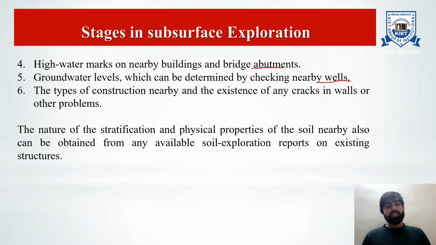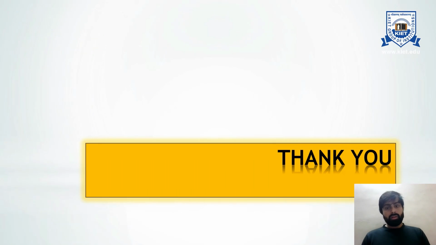The nature of the stratification and physical properties of the soil nearby also can be obtained from any available soil exploration report on existing structures. These are the several pieces of information that we can obtain from this. Thank you.